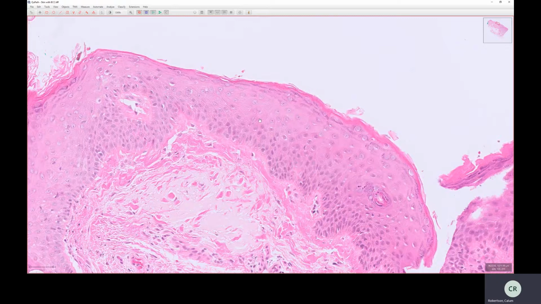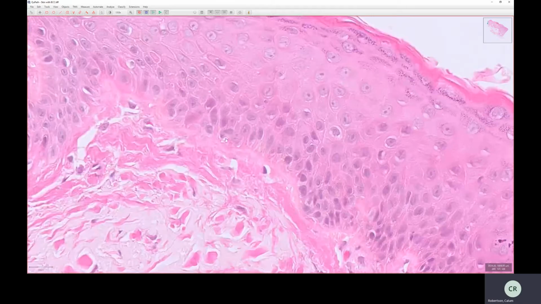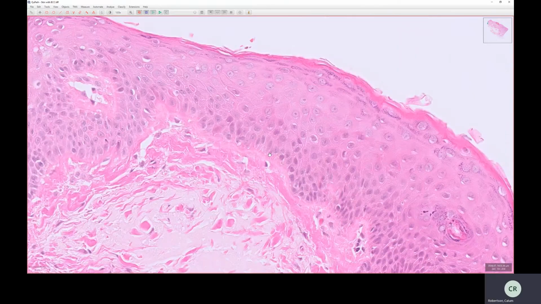And this is a continual process of self-renewal that's happening all the time. Underlying this stratum basale there's a basement membrane, and the stratum basale is attached to this basement membrane through connectors called hemidesmosomes that fix the epidermis onto the underlying tissue, and that connects them onto the basement membrane.